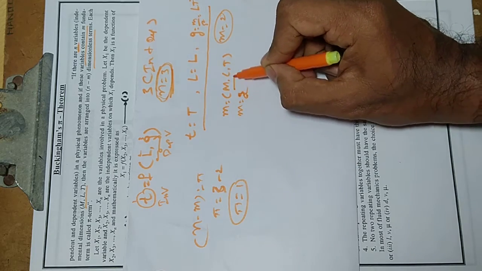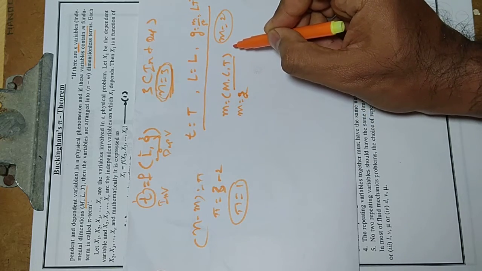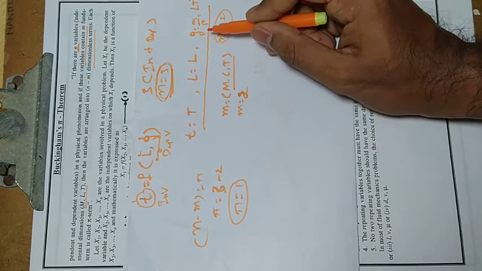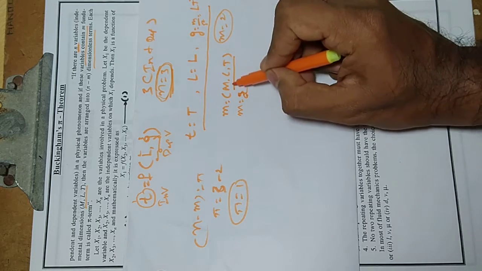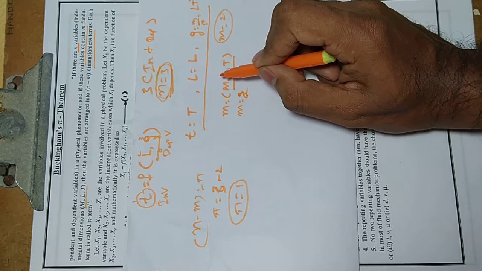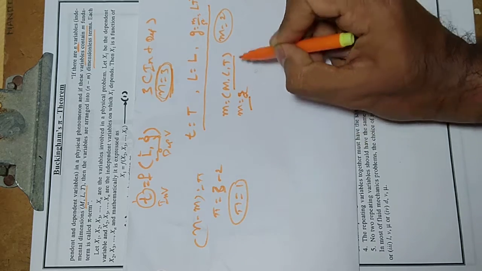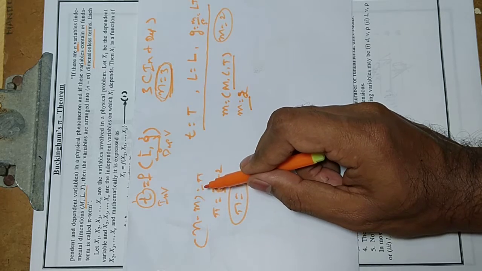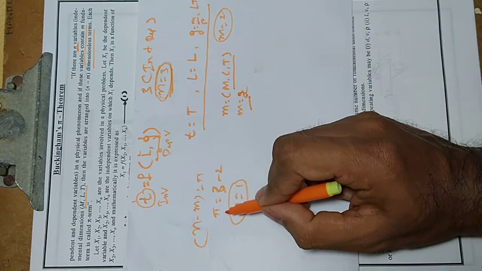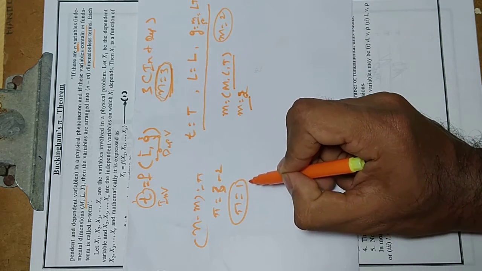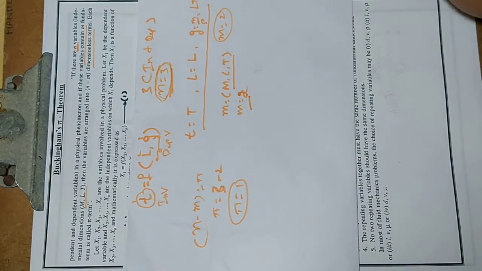Fundamental dimensions means M L T, which are used in fluid mechanics. In most problems you have all three, but this is a very simple problem, so it has only two dimensions. So m is 2, then n minus m is called the pi term: pi equals 3 minus 2, pi equals 1 term. This is the definition, actually.